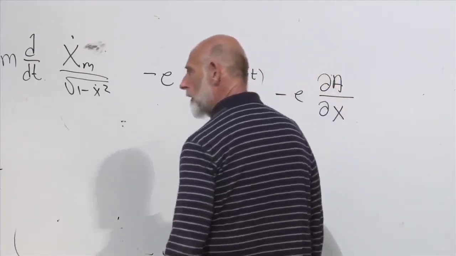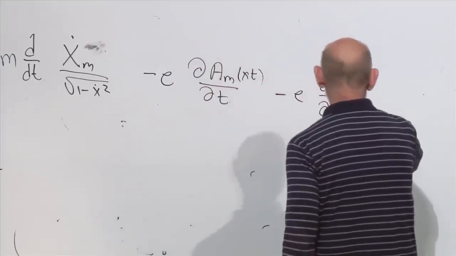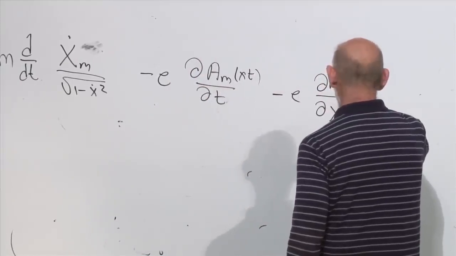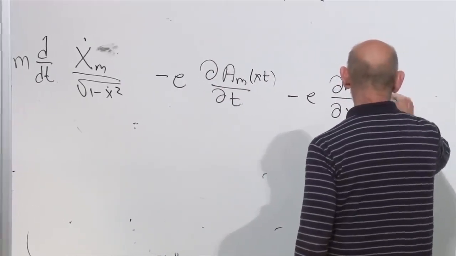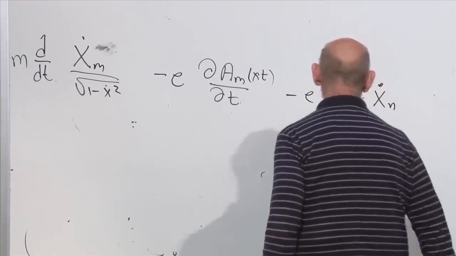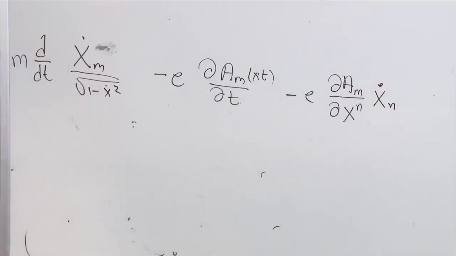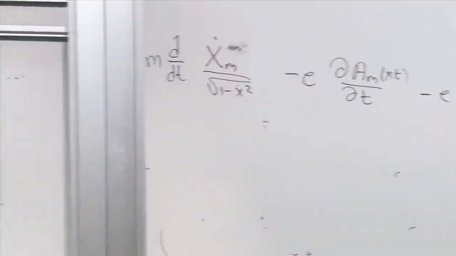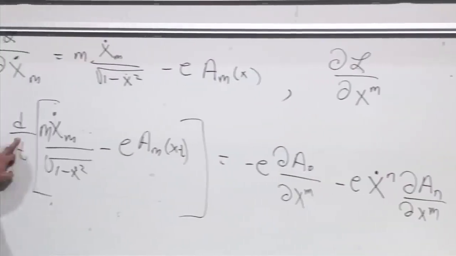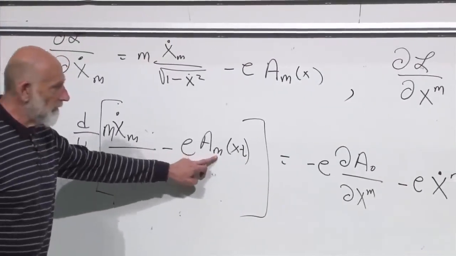Now let's see, xn, am, xn dot. Now, if you haven't gone to sleep yet, let's just see what we have. We have the time derivative of a.